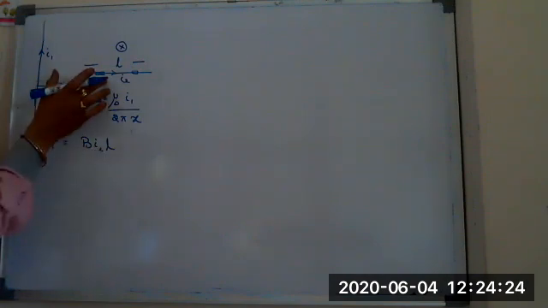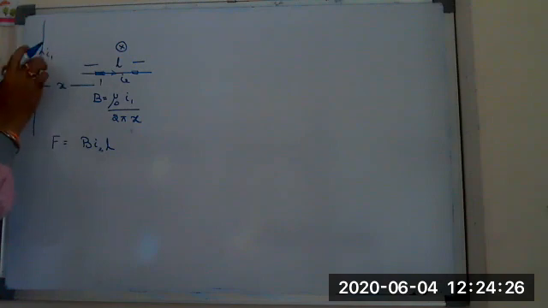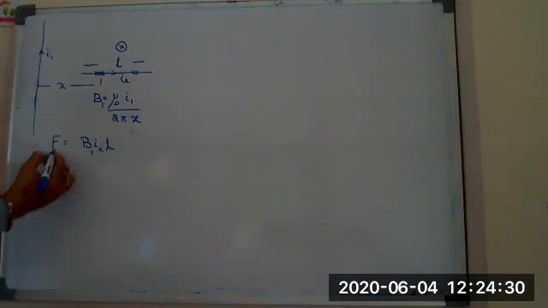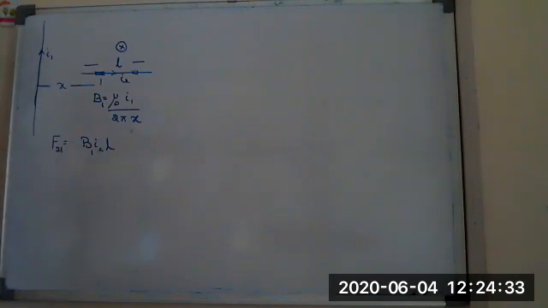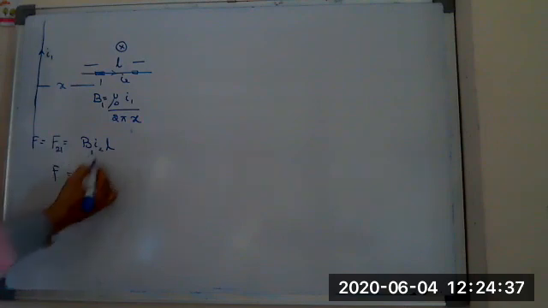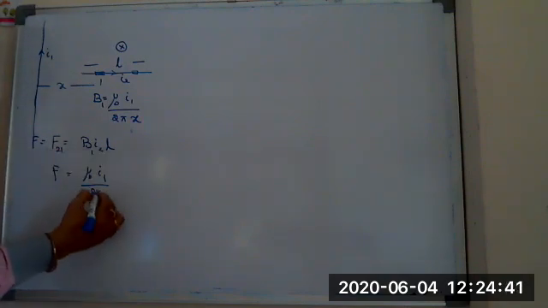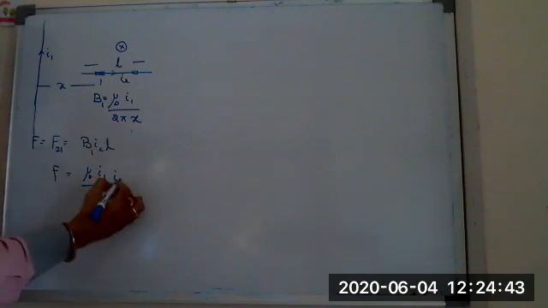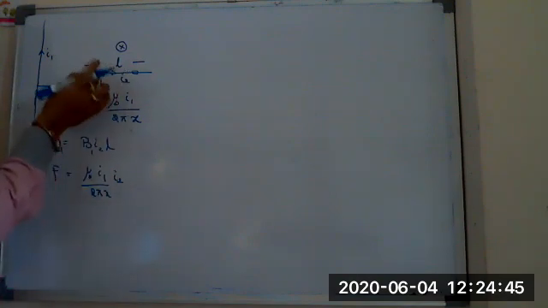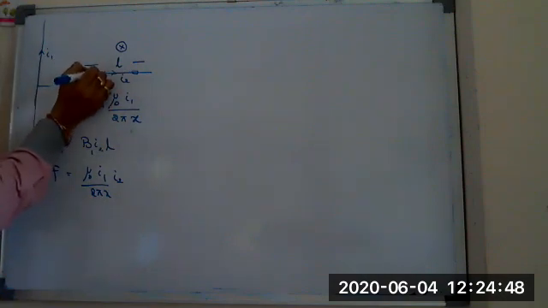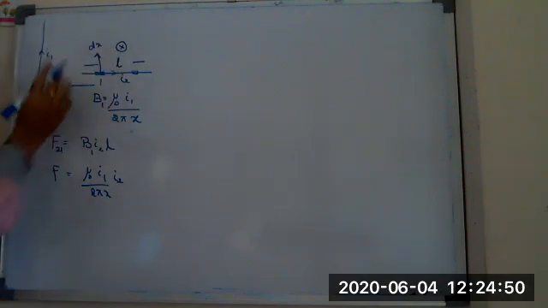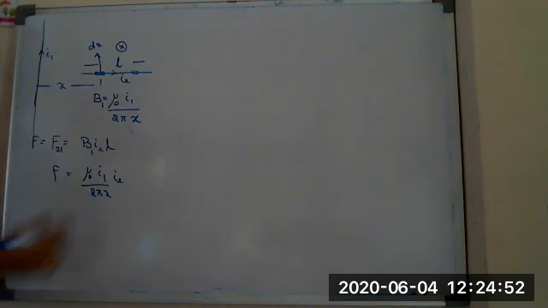B is the magnetic field formed by the first, so this is B1. This is the force on the second by the first. So F is equal to mu naught I1 by 2 pi x, this is B1, times I2 times L. At this point you are assuming one element of length dx in the direction of x, so for L I have to write dx.